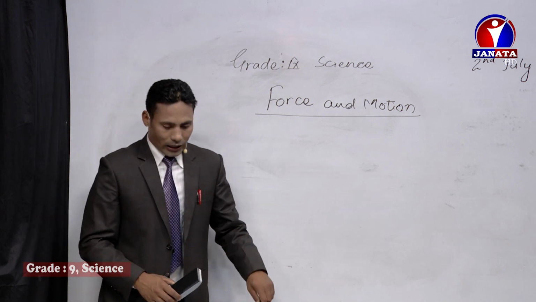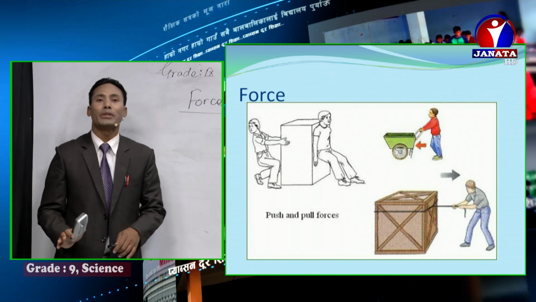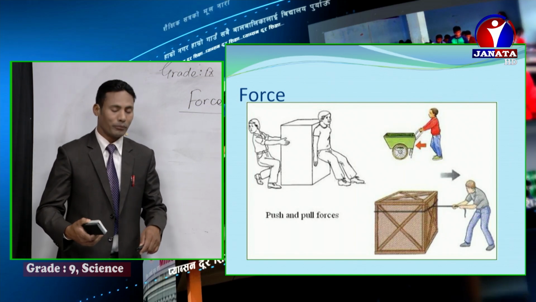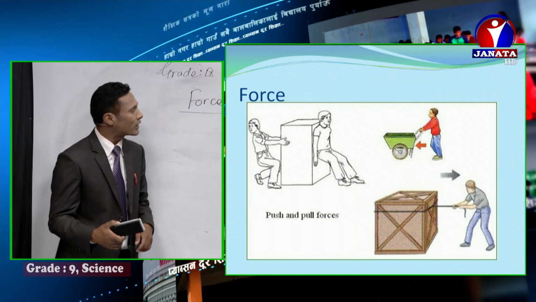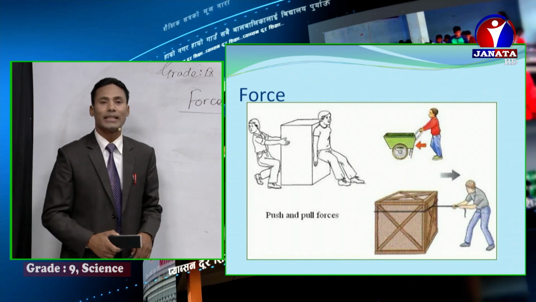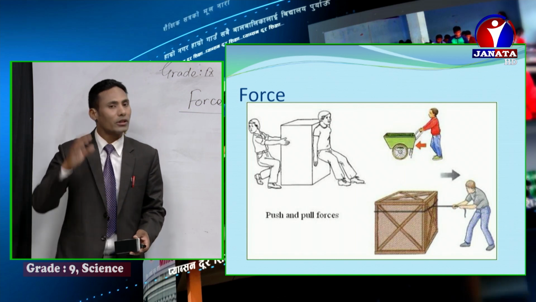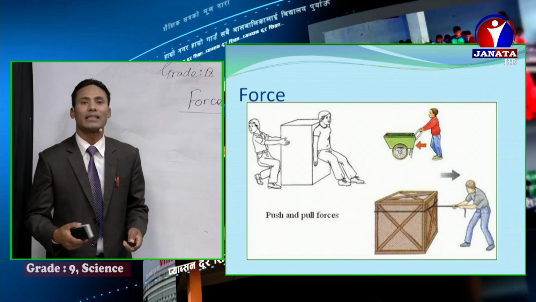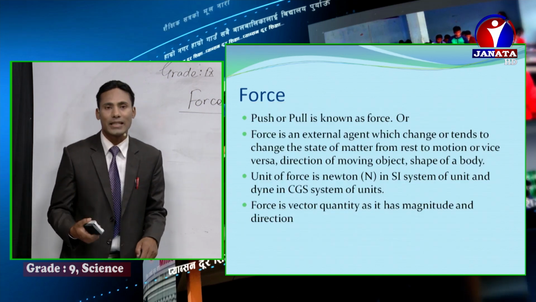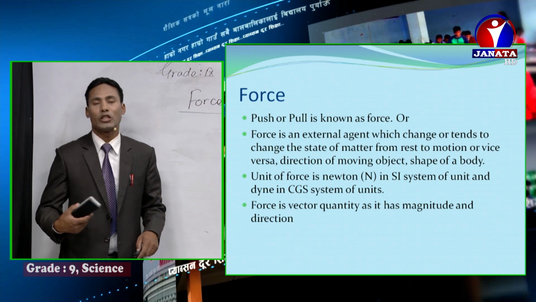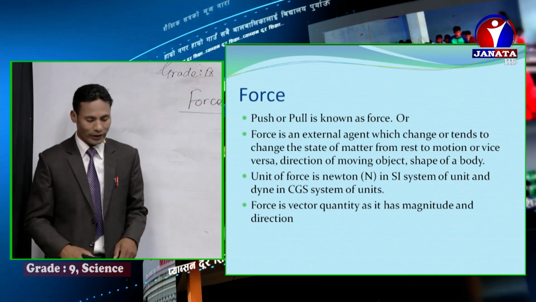You can see in the slide there is some example where people are applying force, and whenever the force is applied, the state of the object changes from rest to motion or from motion to rest. So it is an external agent which causes change in the state, the shape, and the direction of the moving object.